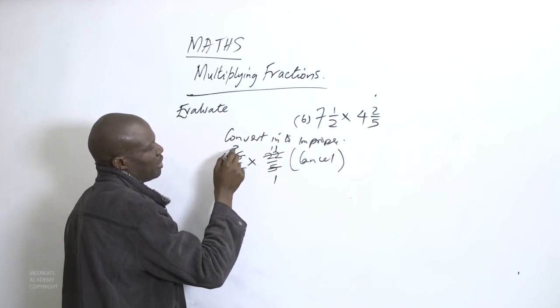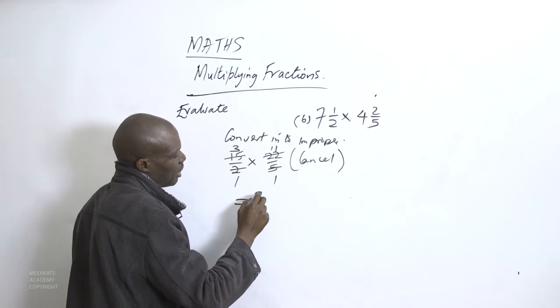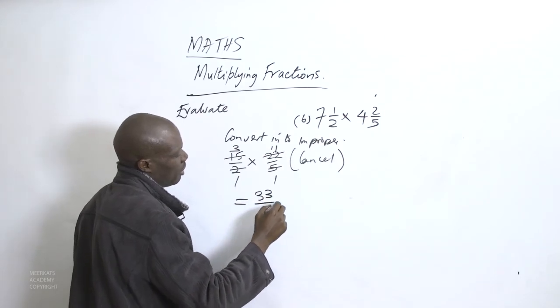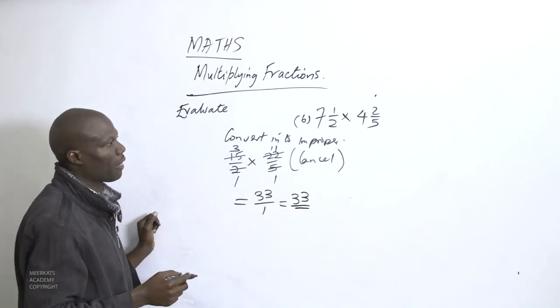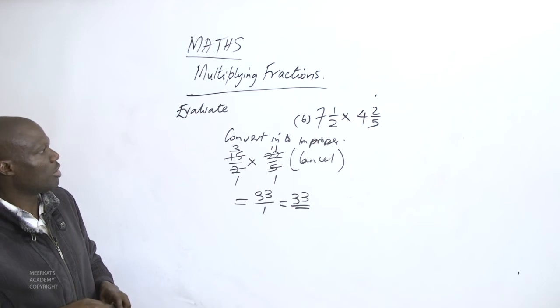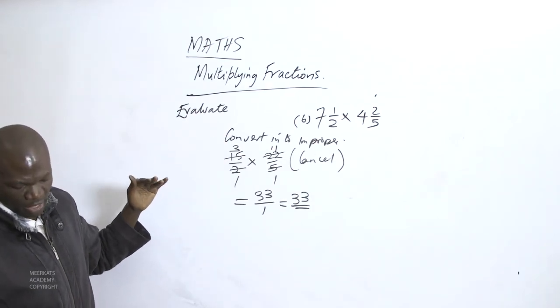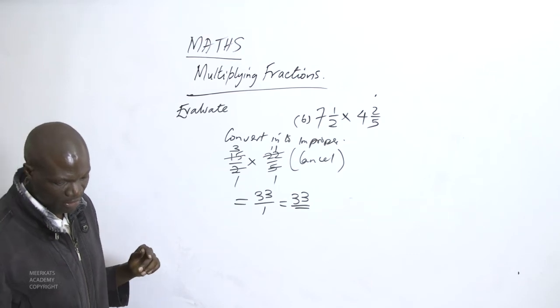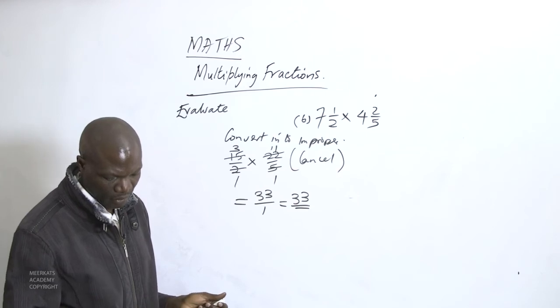So when you multiply, it is 3 times 11, which is 33 over 1, which is equal to 33. So we have been able to evaluate the mixed fractions, and finally we have our answer.